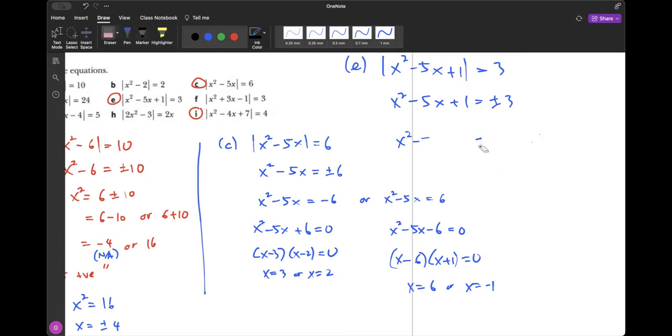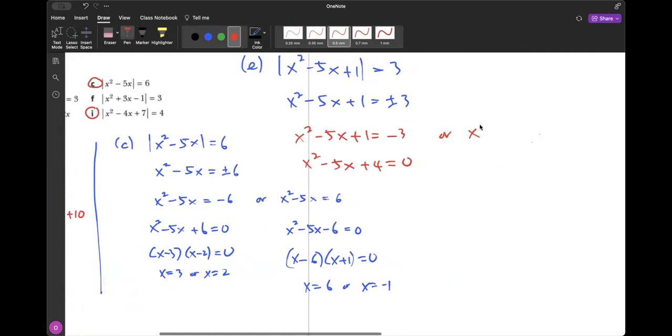No, let's split them. Otherwise you feel confused. Okay, first one is negative 3. So when it's negative 3, then it becomes 4, correct? The other one is 3. So the 3, 1 become -2. Is it correct?